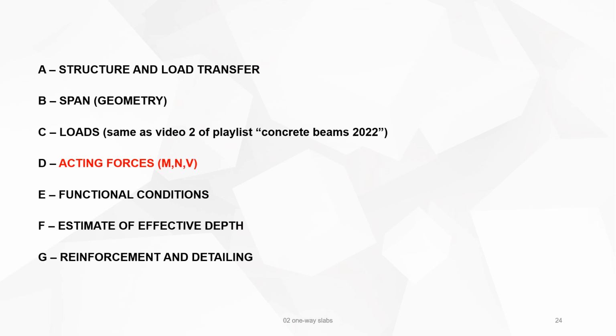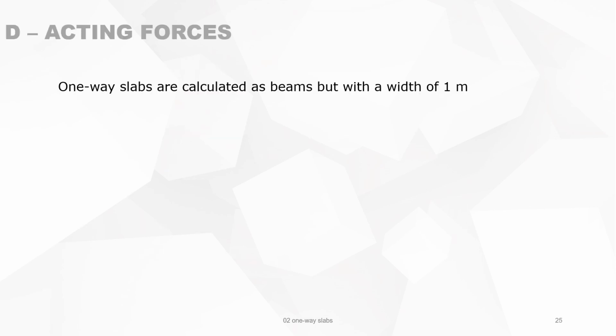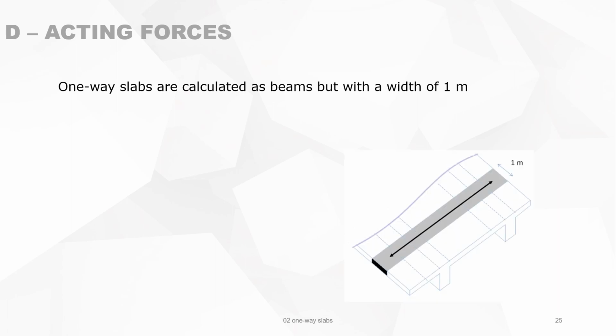Now we'll tell you something about the acting forces: bending moment, normal force, and shear force. One-way slabs are calculated as beams, but with a width of 1 meter. So that makes it easy. A one-way slab, you just act as if it is a beam with 1 meter width.